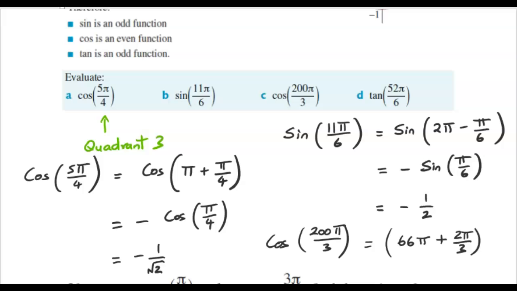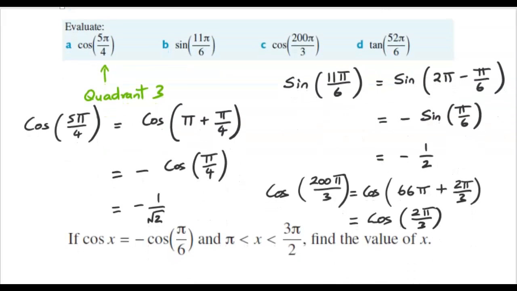Now 66 pi is basically 33 rotations on the unit circle, right? And remember, when we talk about sine and cos, we basically get back to the same value after every rotation, right? So this is same as writing cos 2 pi on 3, right?